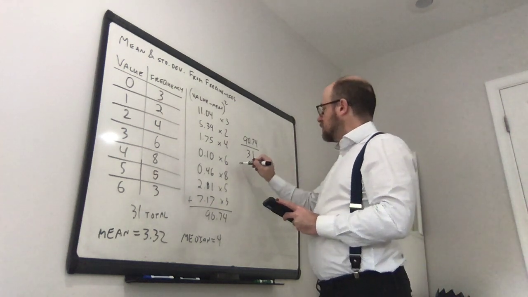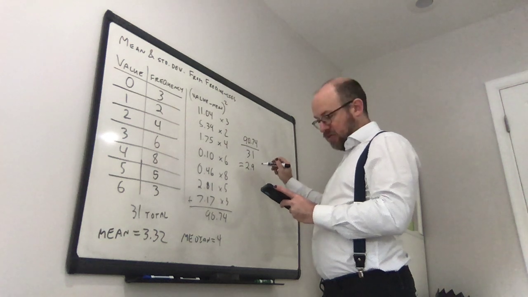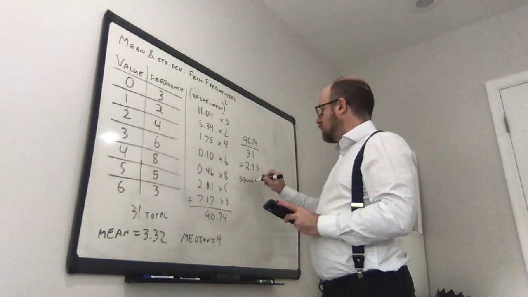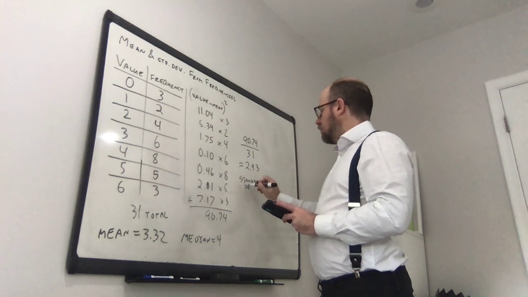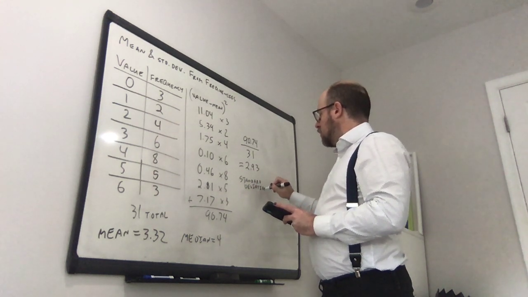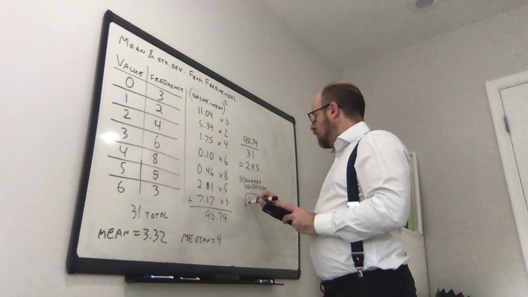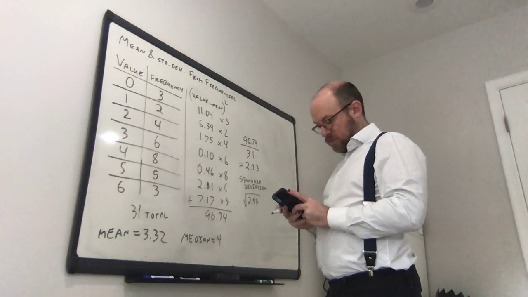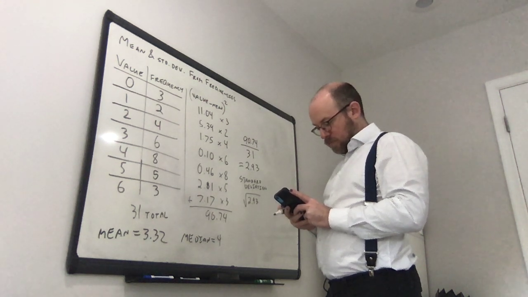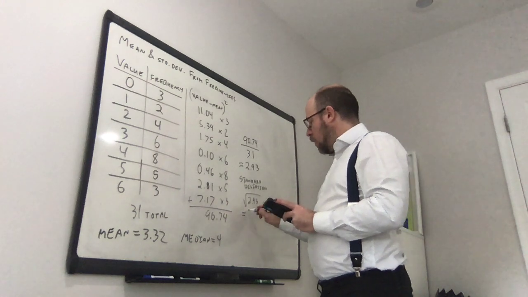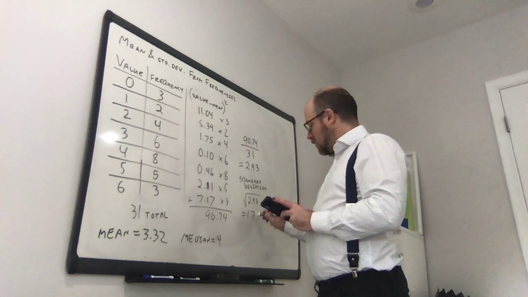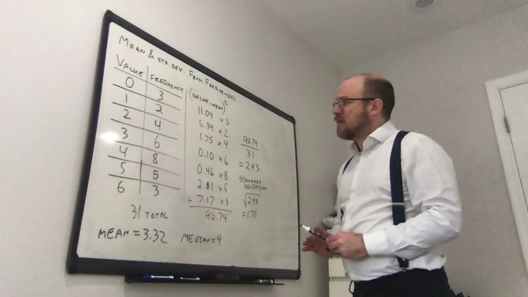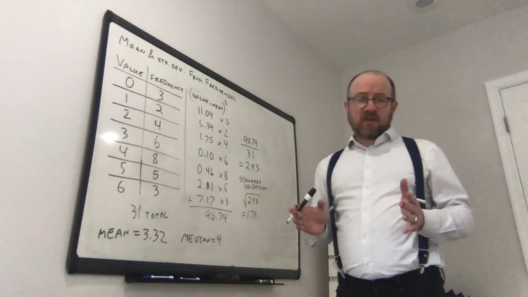We get 2.93, and then the standard deviation is the square root of 2.93. So 1.71. Okay? So this is a fairly complicated process, but the steps are the same as what we did before.